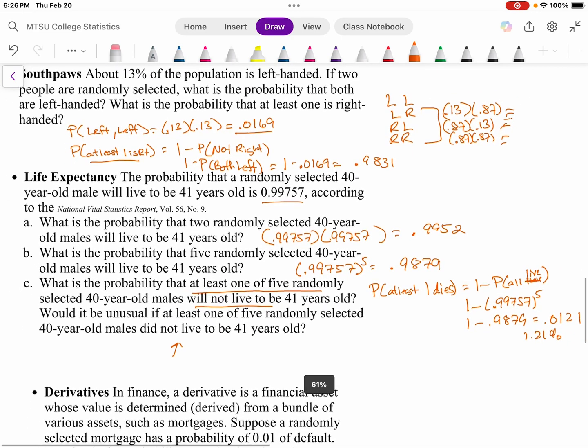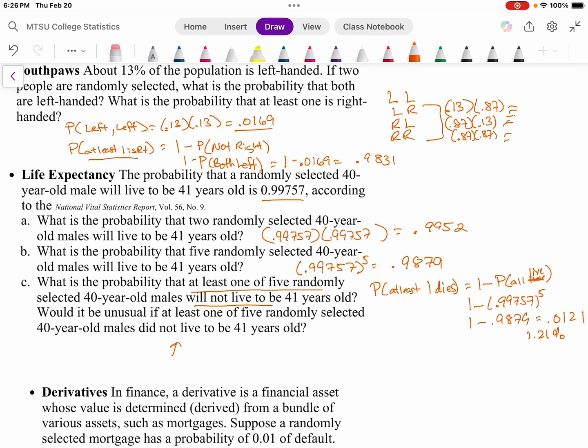All right. So would it be unusual if at least one of the 5 randomly selected 40-year-old males did not live? And again, this goes back to our interpretations. Again, it's a 1% chance. It's slim. It's a slim chance that that'll occur.